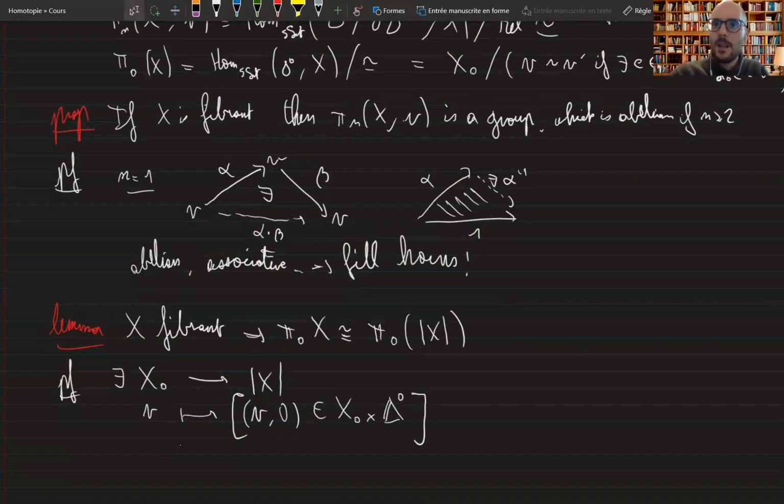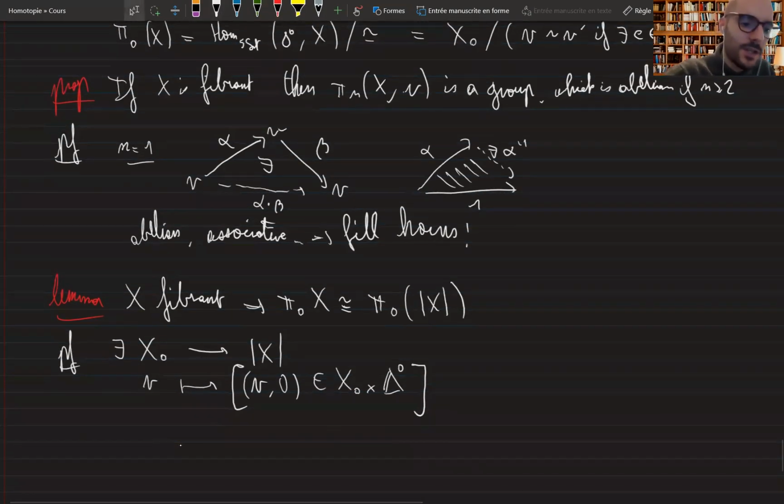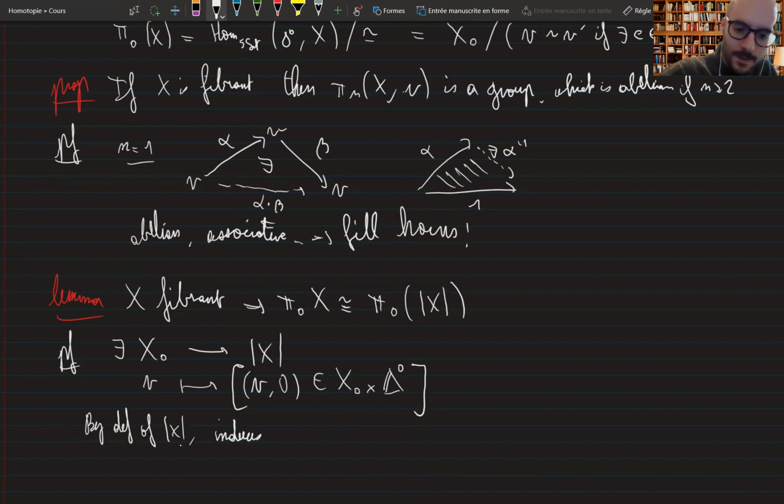And it's pretty clear that by definition of X, this induces a map from π_0 of X to π_0 of the geometric realization.